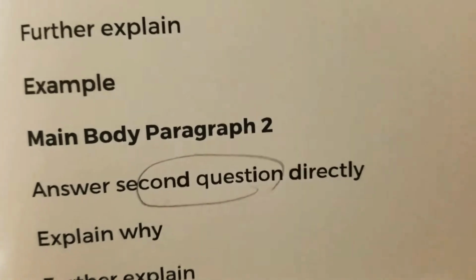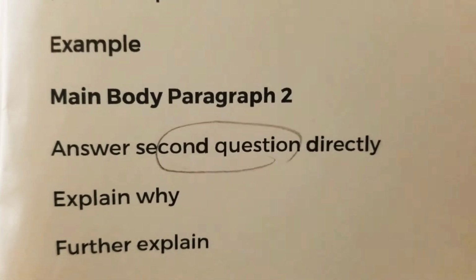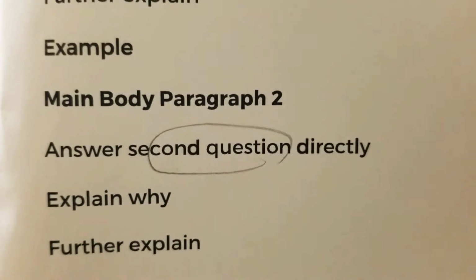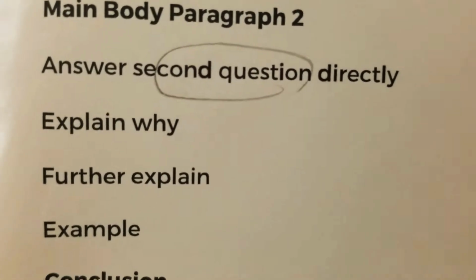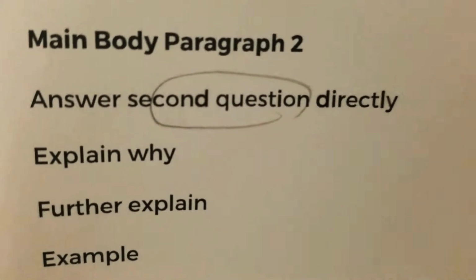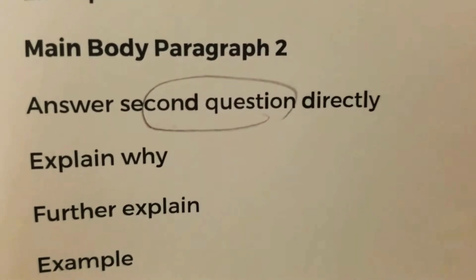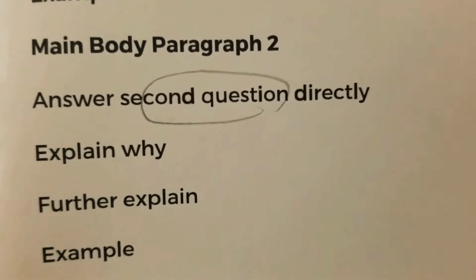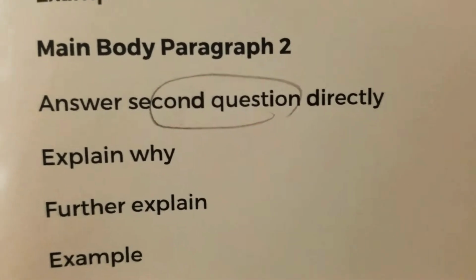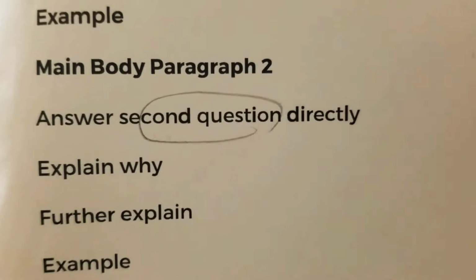Now let's move forward. We have paragraph 3. Here we have to talk about the second question. We have already answered the first question in paragraph 2. In paragraph 3 we are going to talk about the second question. So answer the second question directly.